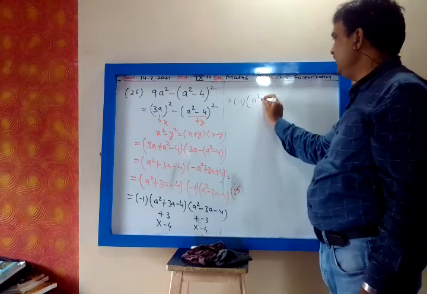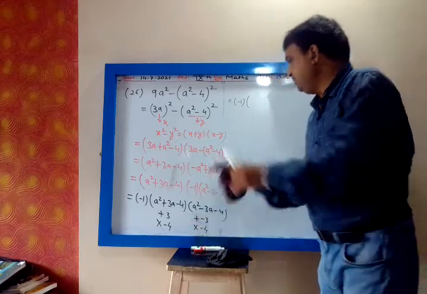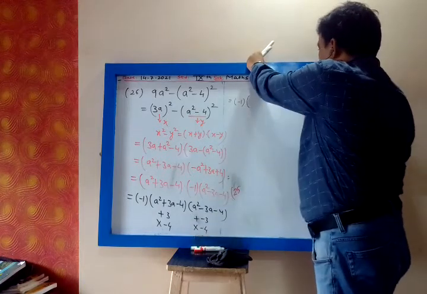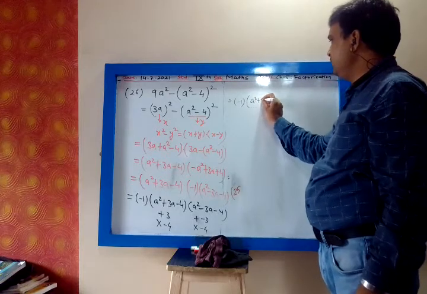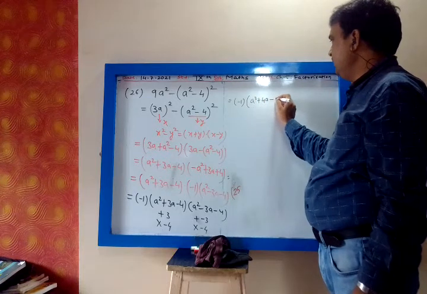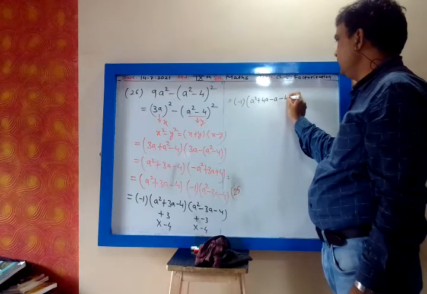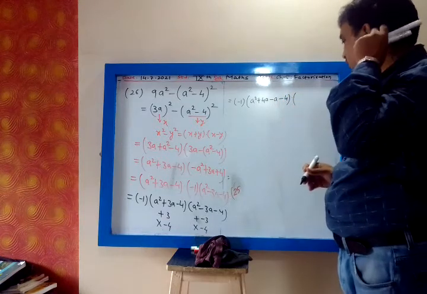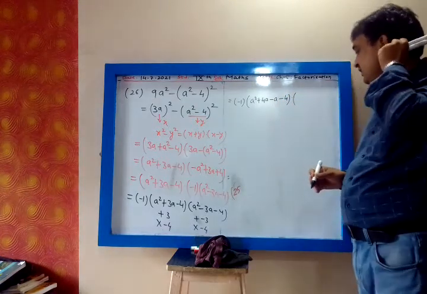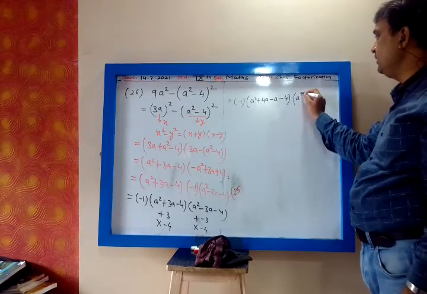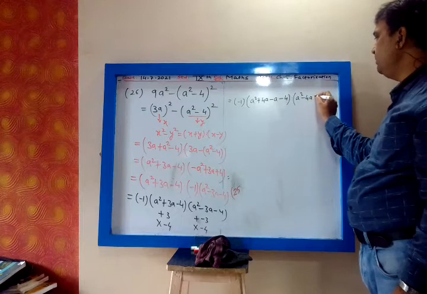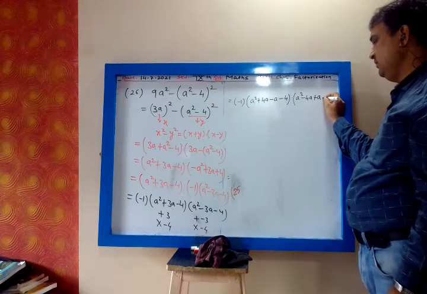You want sum 3a, so you will write plus 4 and minus 1: a square plus 4a minus a minus 4. And the second one, you want sum minus 3, product minus 4: a square minus 4a plus a minus 4.